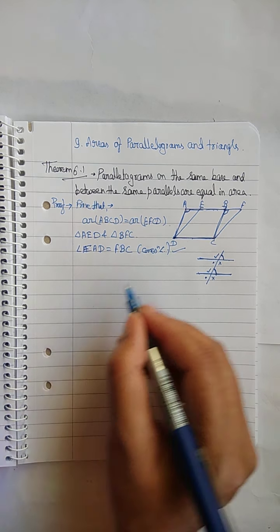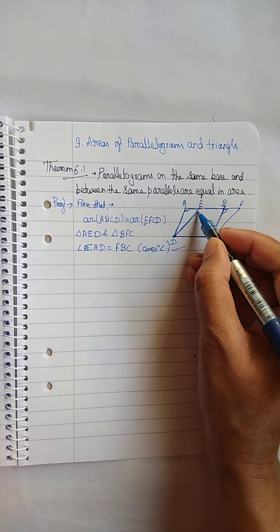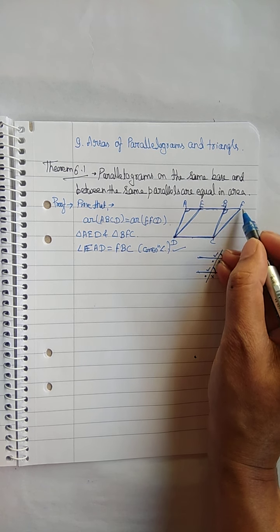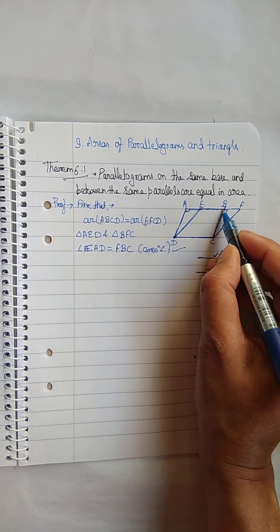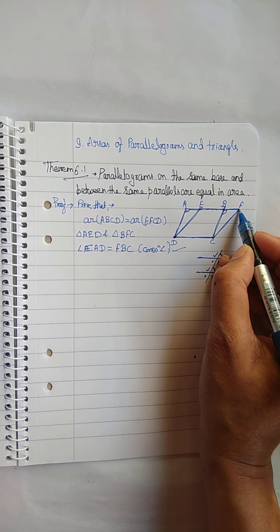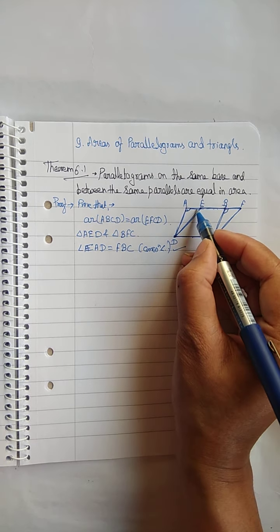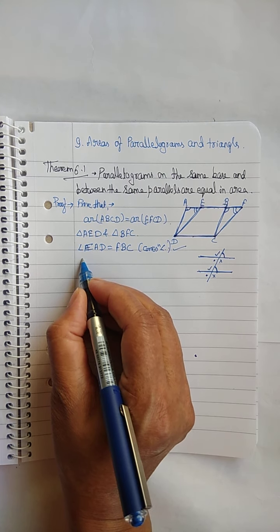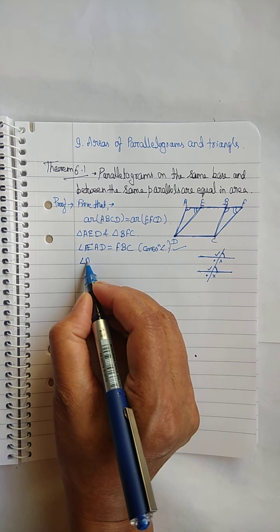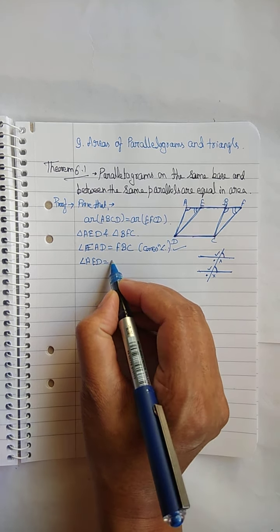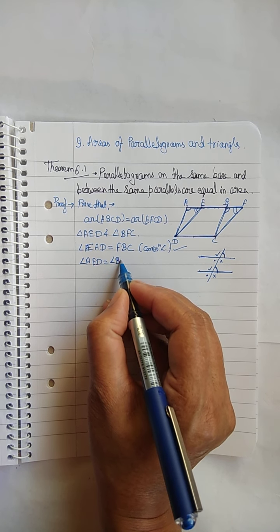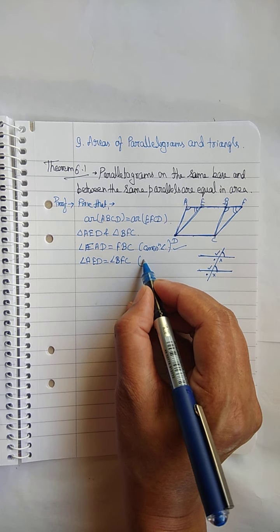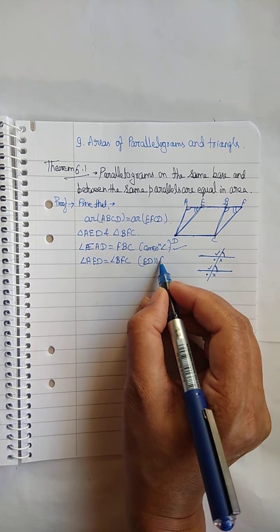Okay. Now the second one. See here. ED is parallel to FC. Right. So if these two lines are parallel and this is the intersecting line, what are the corresponding angles? This and this. Right. So we can write angle AED equals angle BFC, because of corresponding angles, as ED is parallel to FC.